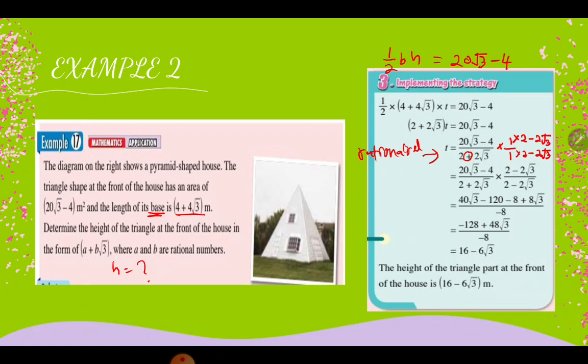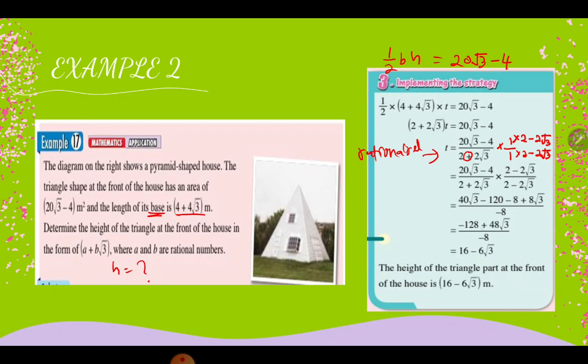So we will have 20√3 minus 4 over 2 plus 2√3 multiplied with the conjugate surd, which is 2 minus 2√3 over 2 minus 2√3. And then we expand, and the denominator is the negative value, which is negative 8.